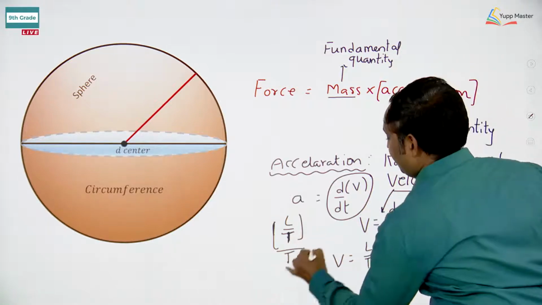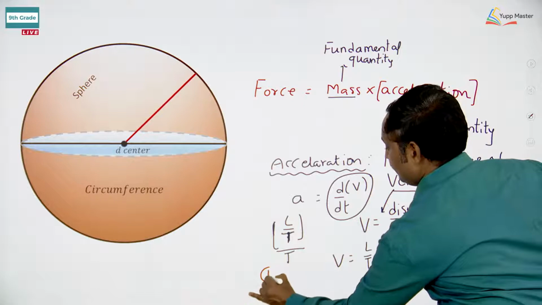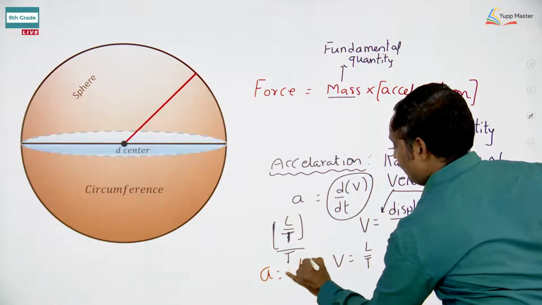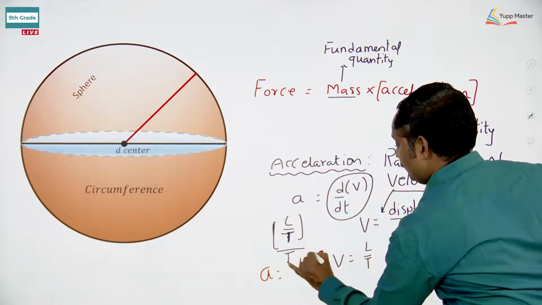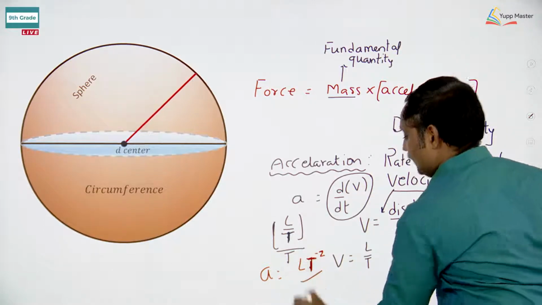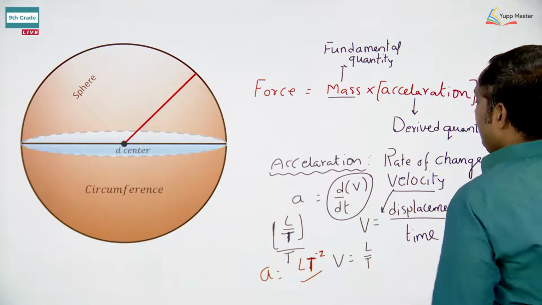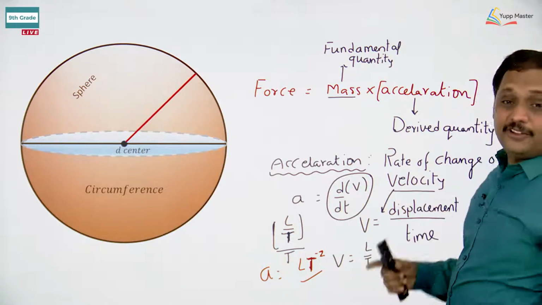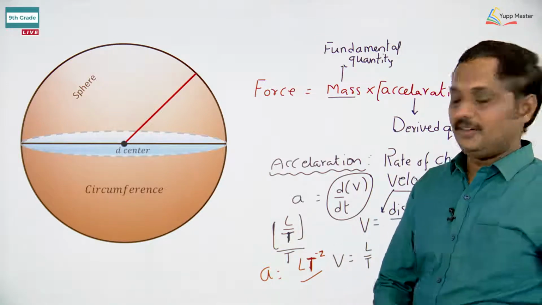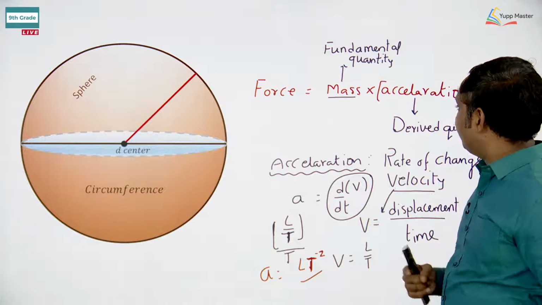So acceleration is identified as A is equal to L into t minus 2. It is very clear. Now, we finally have obtained the dimensions for time and length in the case of acceleration.